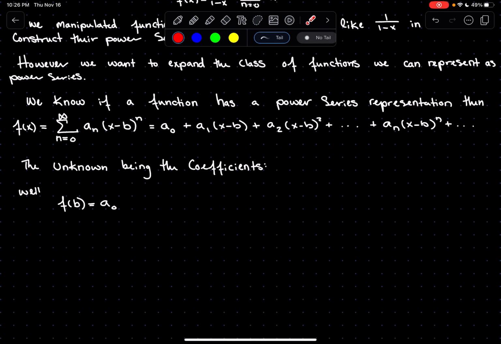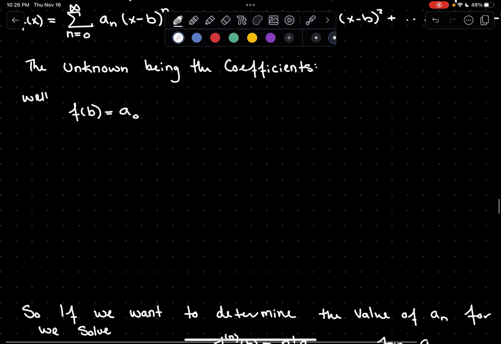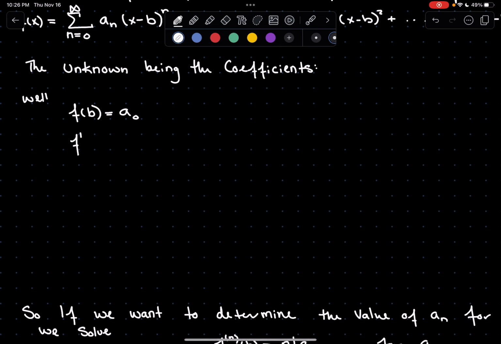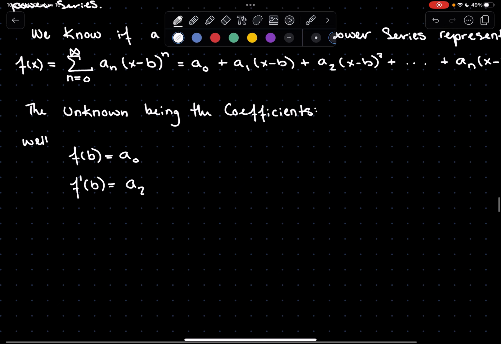In the next term, the 2 comes down, and I'm left with my x minus b, and again, the n comes down. So it only gets rid of the term for the a1, and all these terms will go to 0 when I evaluate at b again, right? So if I do f prime of b, that's actually going to be a2, or a1, sorry.